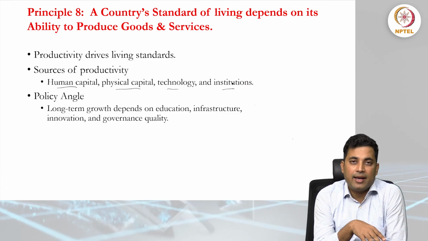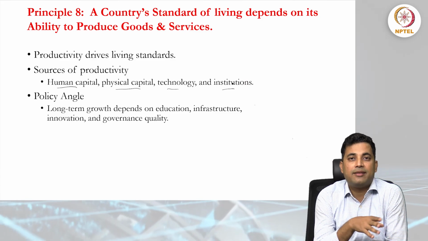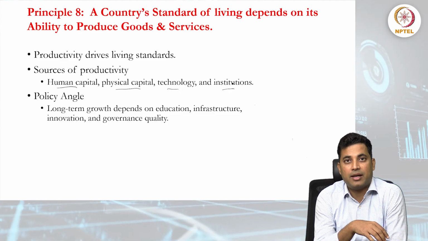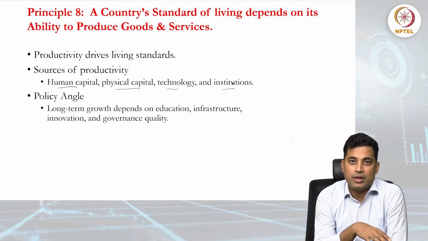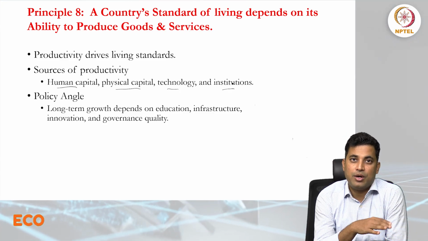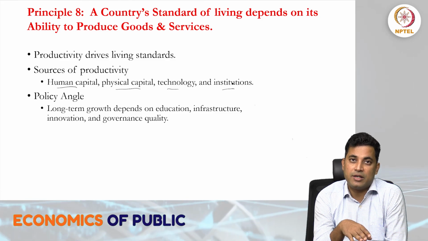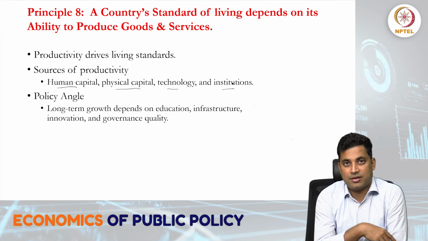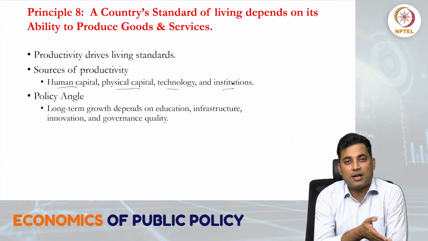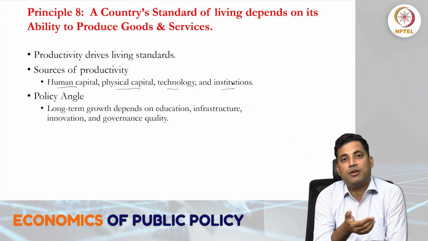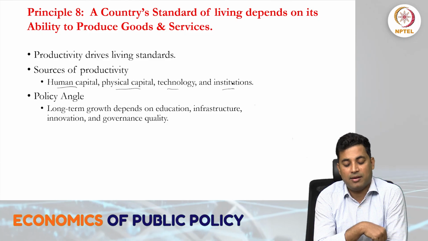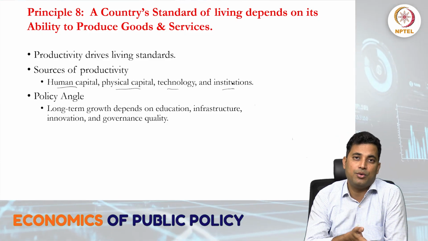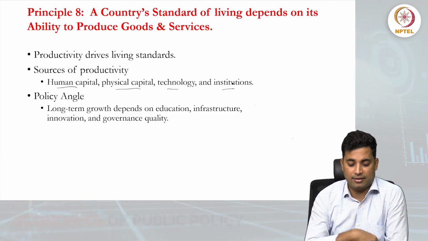So now when we say that there is a trade-off, if resources are limited, the government has to choose which one to focus on more: whether to invest more in social infrastructure or in physical infrastructure. Social infrastructure here means investment in education and health, and physical infrastructure is basically roads, highways and others.